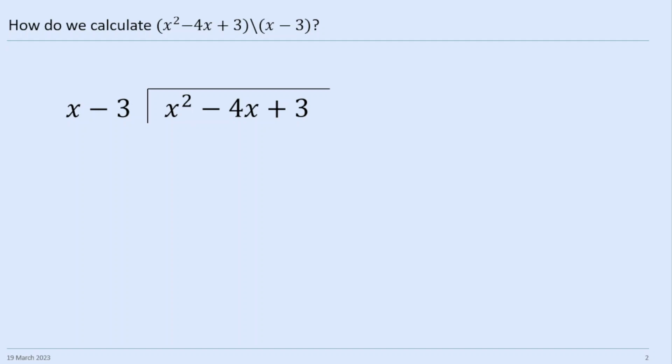But actually that could also have been done by polynomial division. So we're just going to go through the examples in that factorization video and look at how we'd approach them using polynomial division.